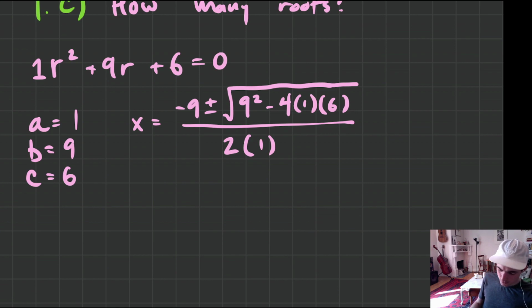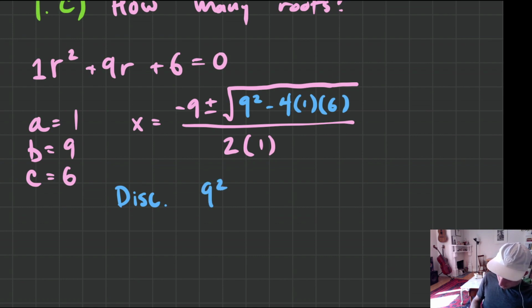So that's what the quadratic formula says. But keep in mind, this is kind of overkill. We don't need to know all of that. All we need to know is what's in here. So what's going on with the discriminant? I'm just going to write disc.